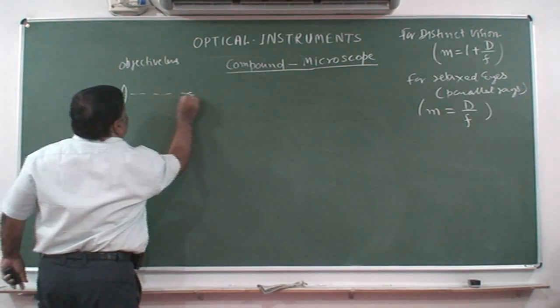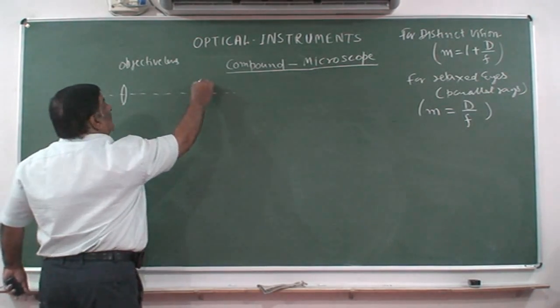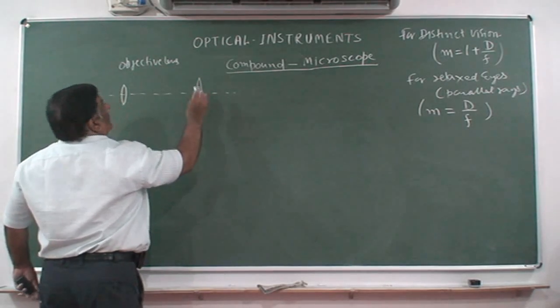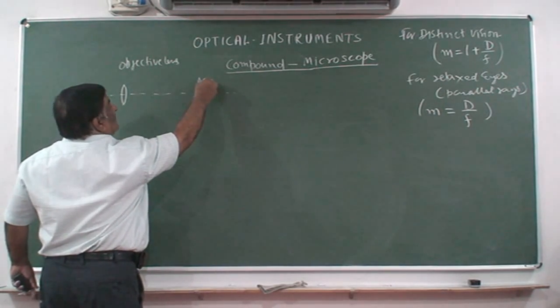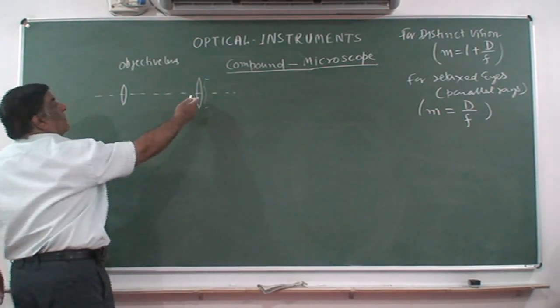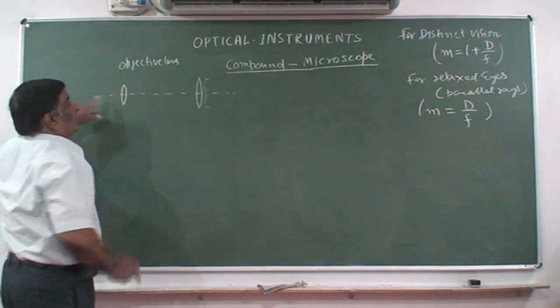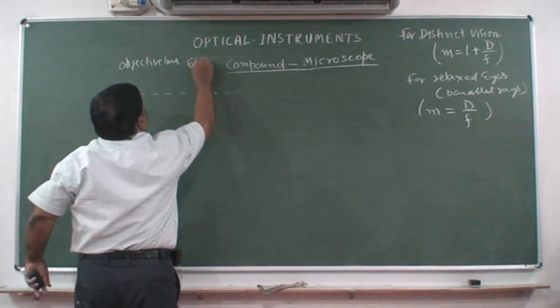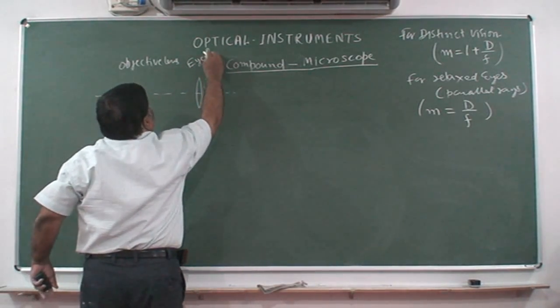On the same principal axis, we set another lens and we keep our eyes here to observe it. We keep our eyes here to see this object because this is closer to the eyes. This is known as the eyepiece or eye lens.